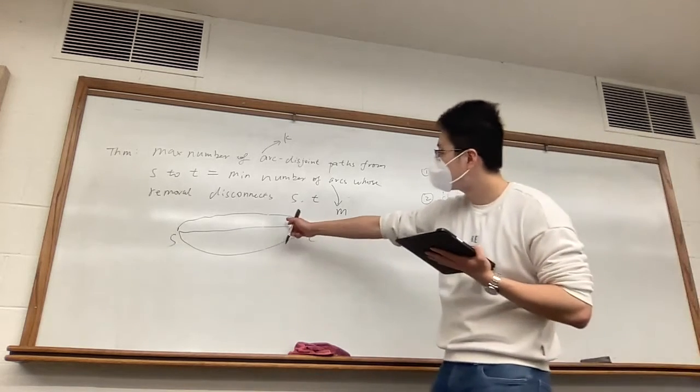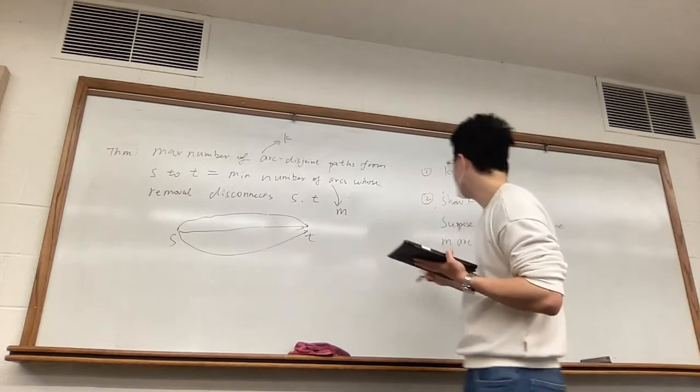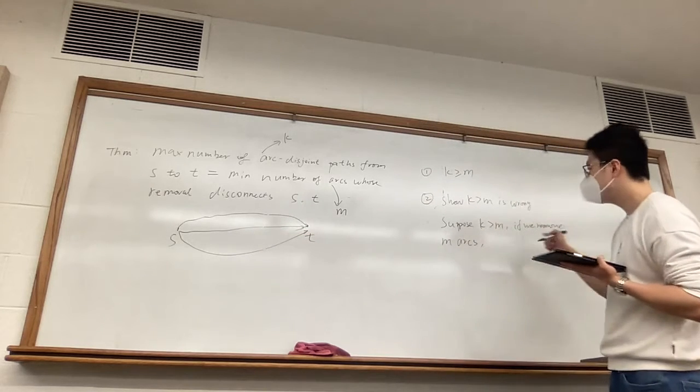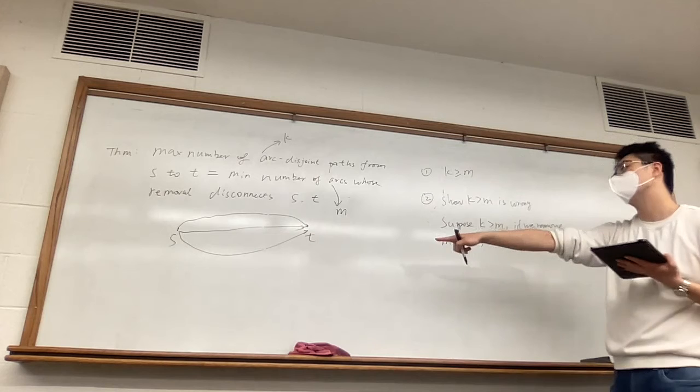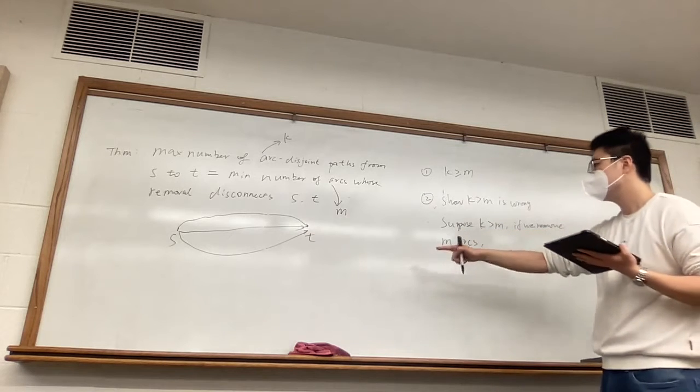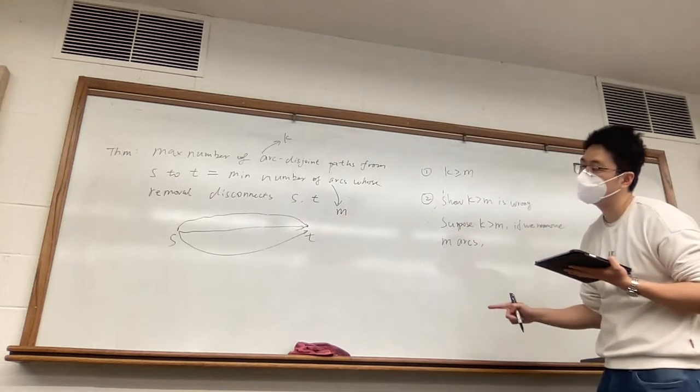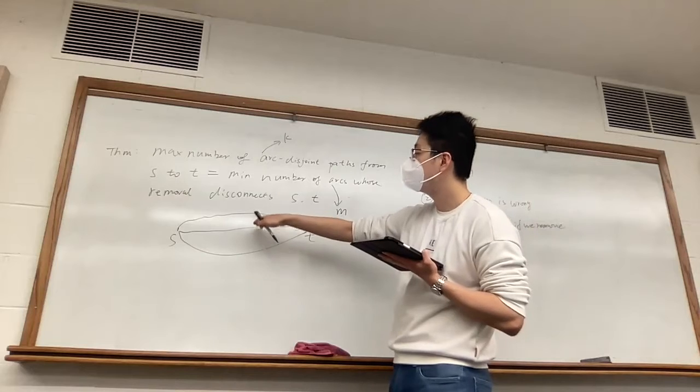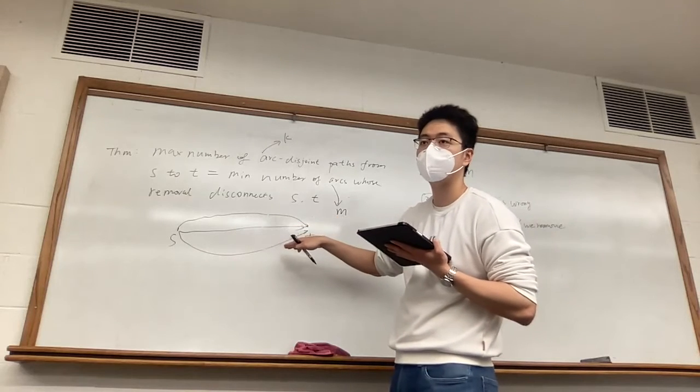We have K arc disjoint paths from S to T. If we remove M arcs on this graph G, then we can at most disconnect M paths from S to T, right?